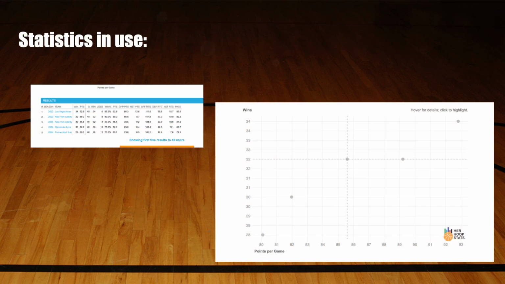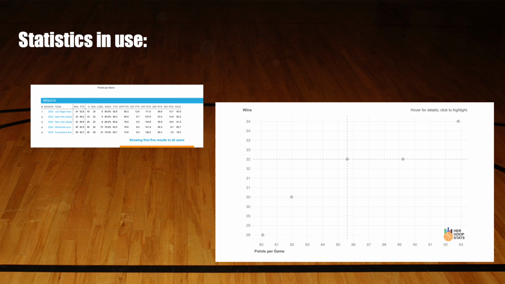The final slide that we will look at is called Statistics in Use. I gathered data from Her Hoops, where I selected the WNBA single season stats from 2023 to 2024 to include wins and points per game. So 2 separate things of statistics. We can see over here that the Las Vegas Aces had the highest number of wins, 34, with the highest number of points per game.